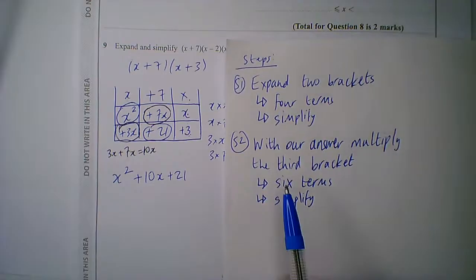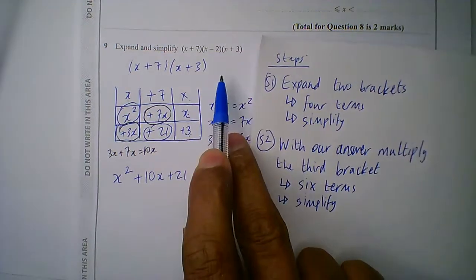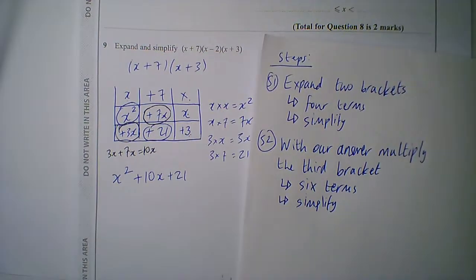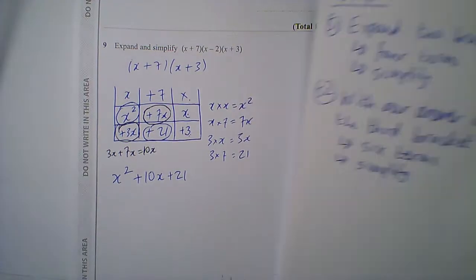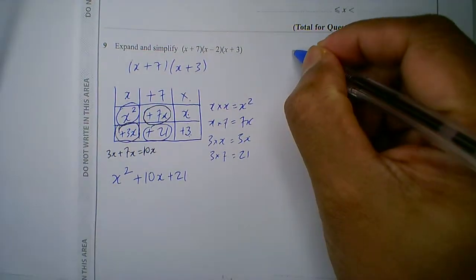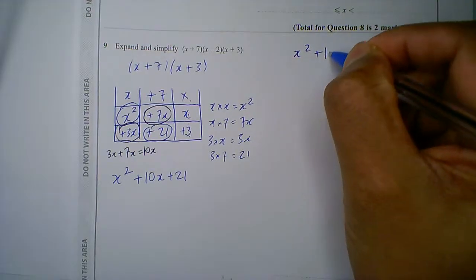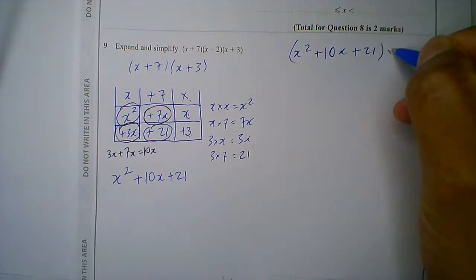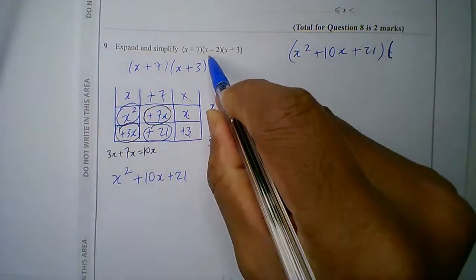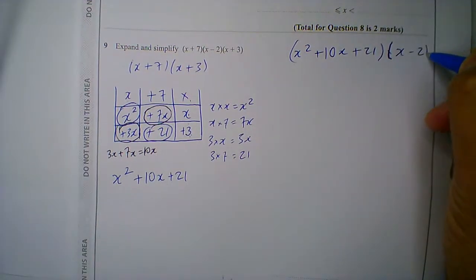Now I am going to take my answer and I'm going to multiply it with the third bracket, which is x minus 2. I'm going to get 6 terms and then I'm going to simplify. So I'm going to have here x squared plus 10x plus 21 times by x minus 2 is the thing that I haven't multiplied yet.